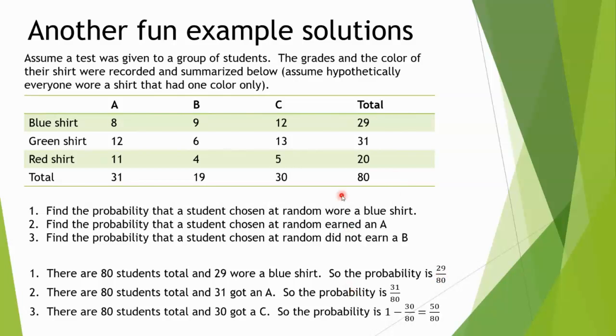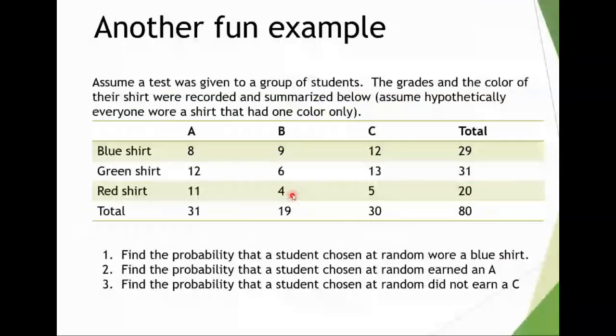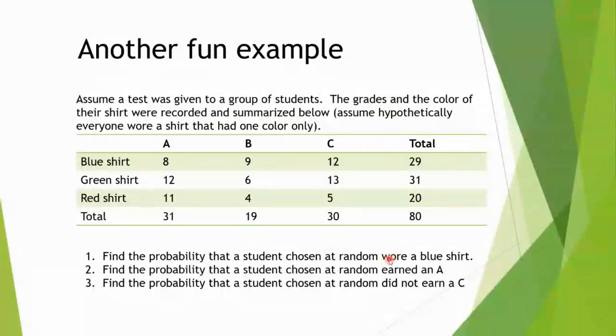For B, let me go back. What about choosing a student at random who earned an A on that test? So now we want the probability that a student chosen at random earned an A. How many students earned an A? 31.